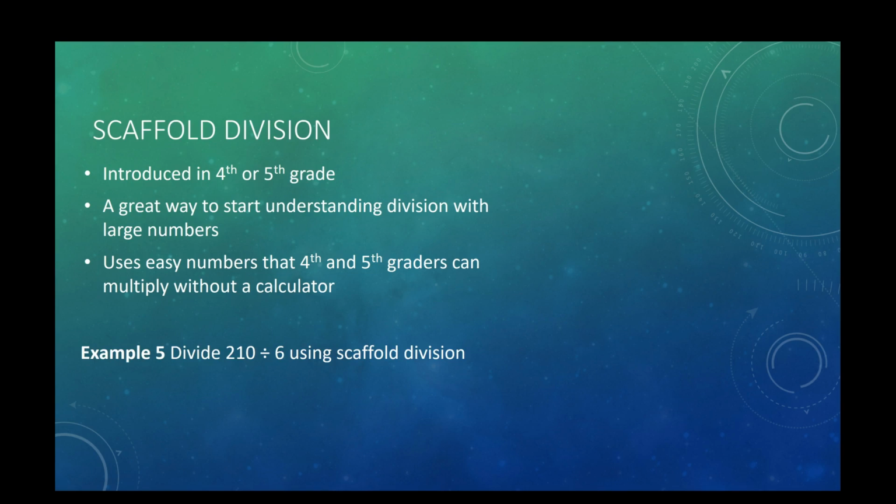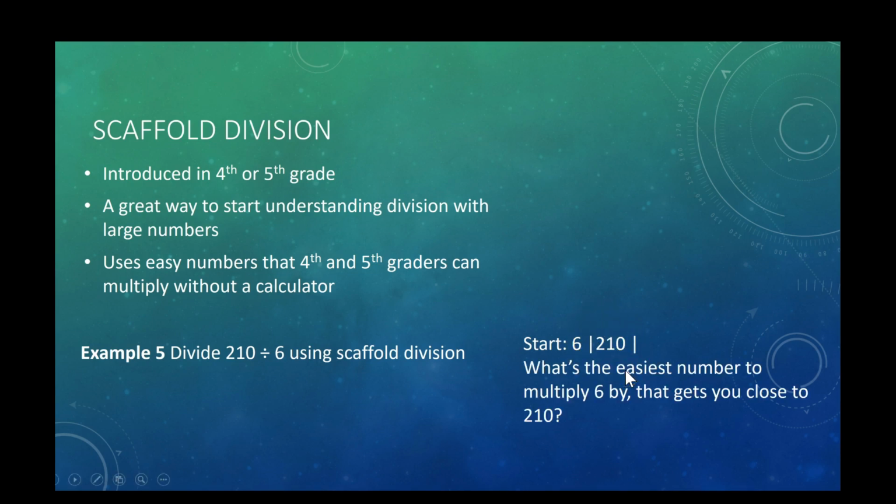So here's an example. We start by looking at 6 into 210, because that's what we've got here, 6 into 210. Think of the easiest thing you could multiply 6 by. Well, you could multiply 6 times 2, right? But 6 times 2 is so small, it doesn't get you up to 210.